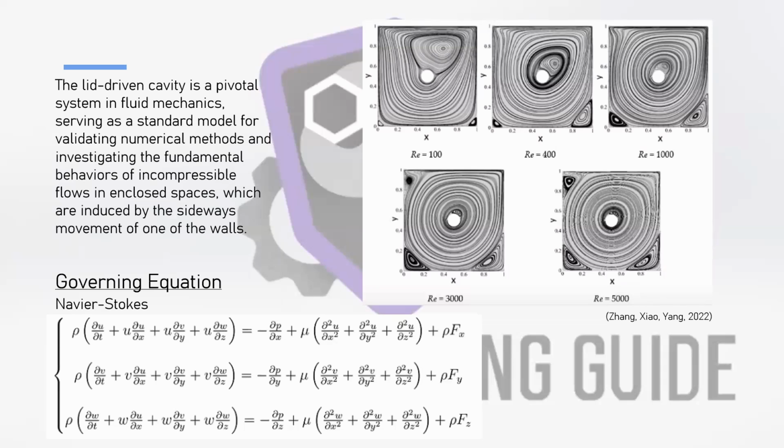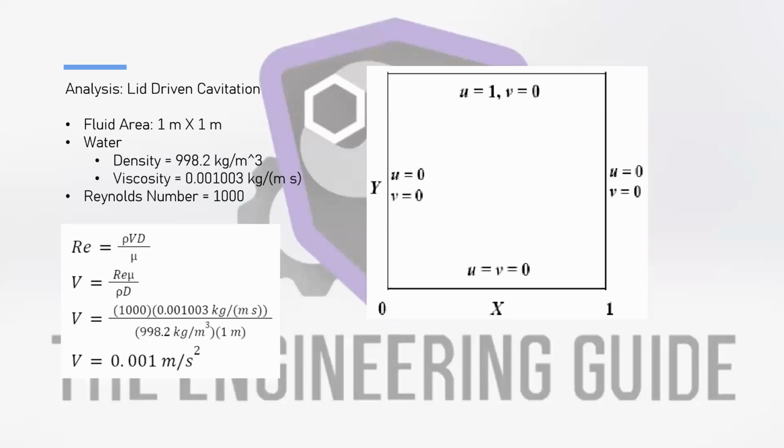So how are we going to solve this problem in Fluent? Well, we're going to initialize a fluid area of a 1 by 1 meter square. And these three walls here, the left, the bottom, and the right wall, are all going to have velocities of 0 because these are going to be stationary walls.